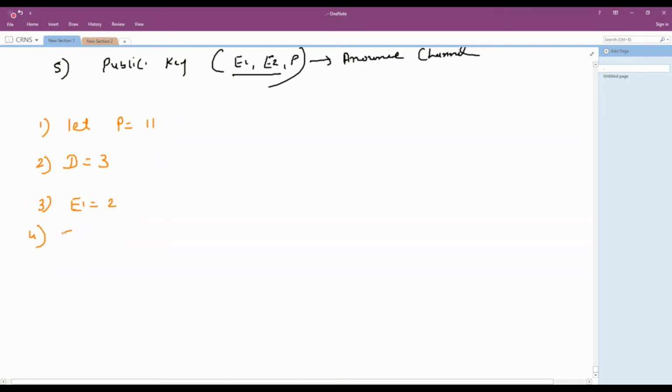Fourth, I need to calculate E2, and the equation is E1 raised to D mod P. So as I have all of these values now, you can just put the values and let me know the value of E2.